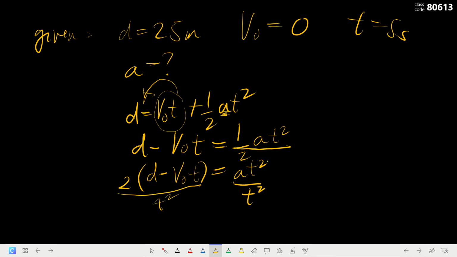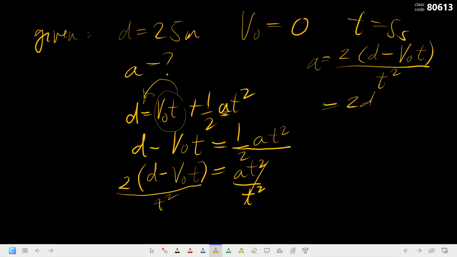Therefore, acceleration is equal to 2 times d minus v sub o times t, divided by t squared. By the distributive property of multiplication, 2 times d is 2d, minus 2 v sub o t, divided by t squared.